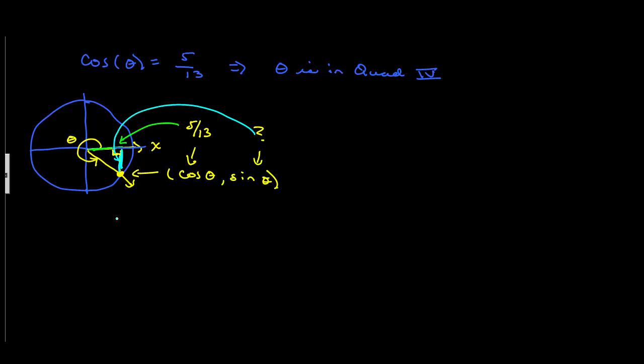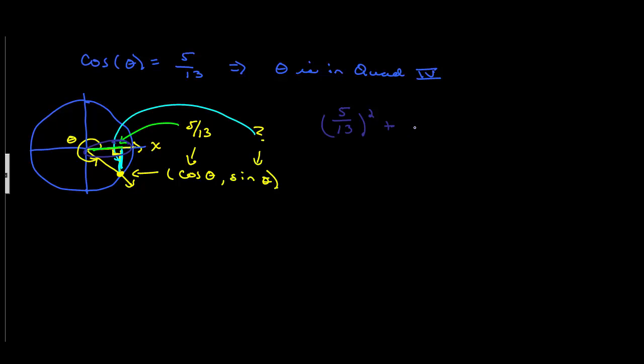So we know that because it's a right triangle, if we square the two smaller sides, we'll get the longest side, the hypotenuse, squared. So we've got 5/13 squared plus, remember that 5/13 is this green length. The blue length we don't know, that's what we want to know.